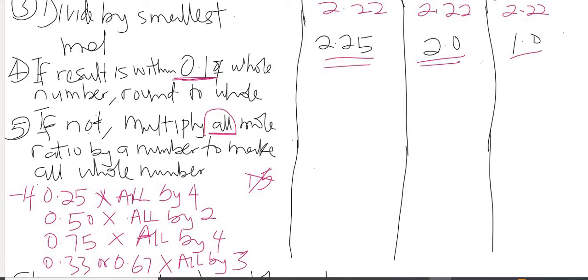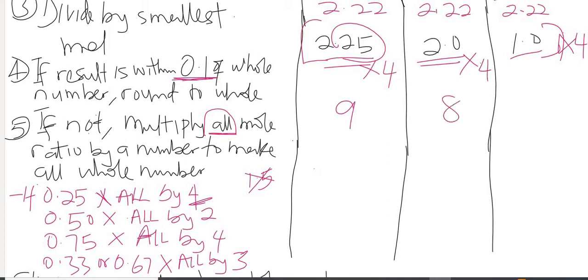In this case, for our example, we have 0.25 because we have 2.25 here. So we're going to multiply all by 4. 2.25 times 4 gives us 9. 2.0 times 4 gives us 8.